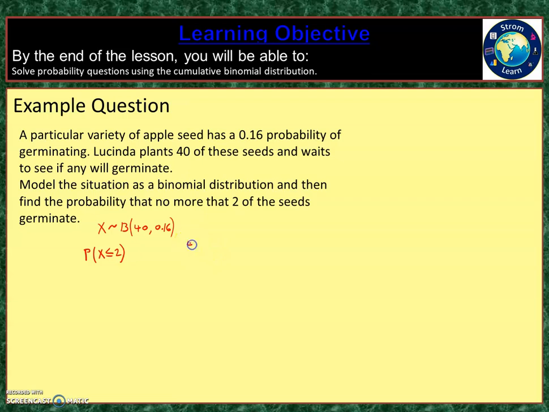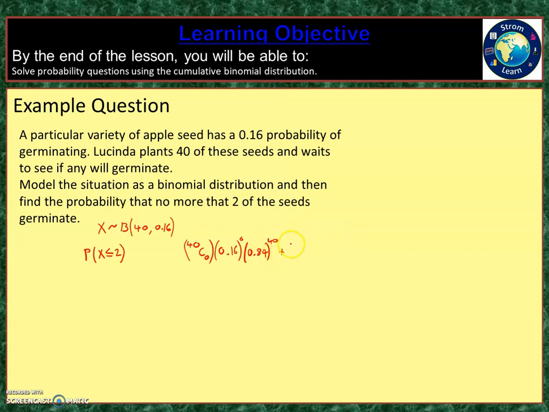So if I want to look at there being 0 that germinate, so that's 40C0, and then 0.16 to the power of 0, so that's 0 germinating, and therefore 0.84 to the power of 40 not germinating.